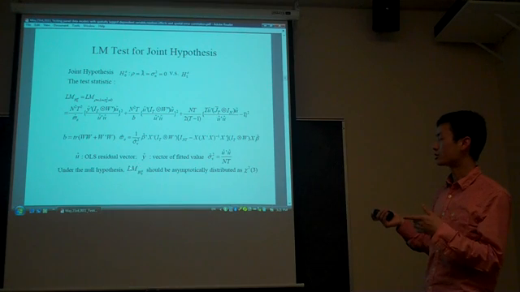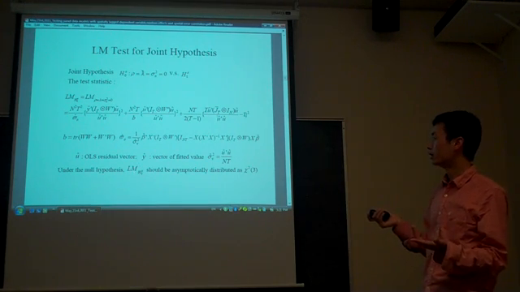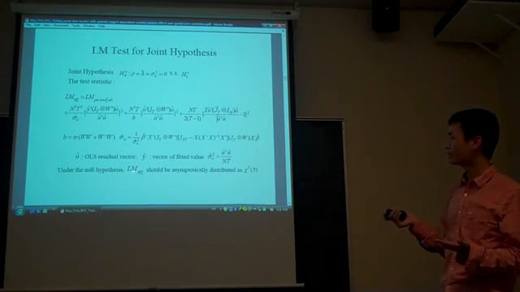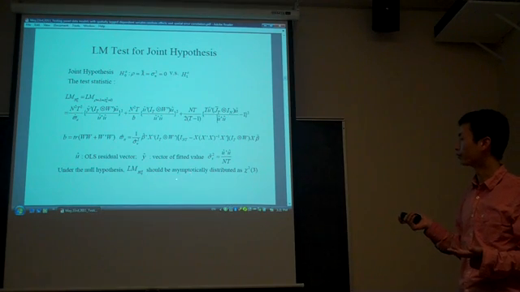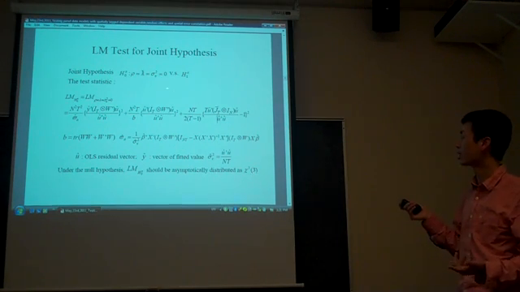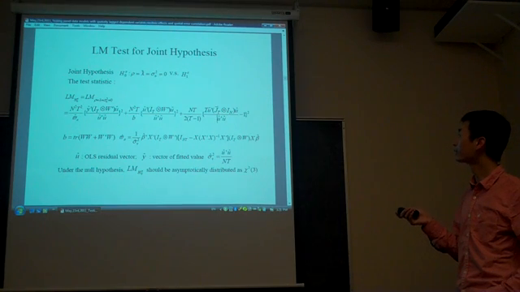So this is a random number. In that case, the term here will follow a centralized chi-square with degrees of freedom equal to 3, because we have 3 constraints here.